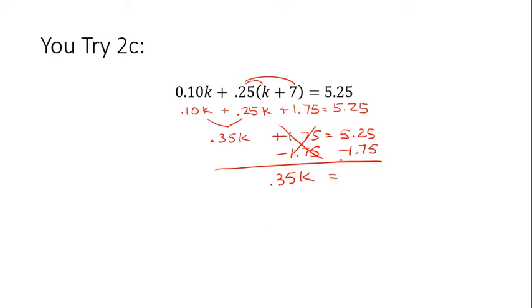And this will be 3.5. Then I divide both sides by 0.35 to get k by itself. And that'll leave me with 10.